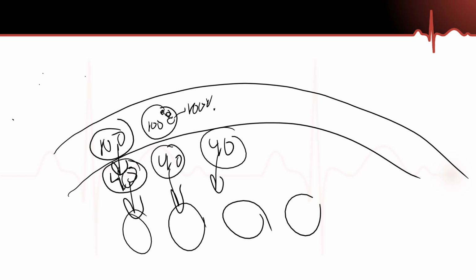So as oxygen moves from the blood plasma into the interstitial fluid, the partial pressure of oxygen within the blood plasma will fall. That creates a gradient between the partial pressure of oxygen within the intracellular fluid of the red blood cell and the partial pressure of oxygen within the blood plasma.